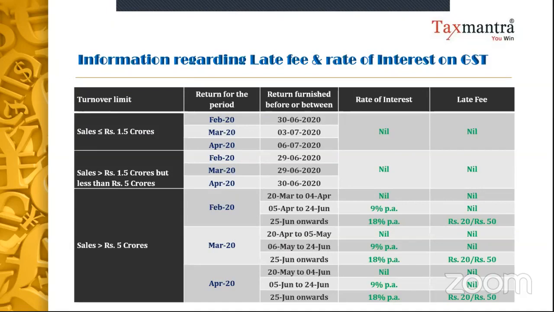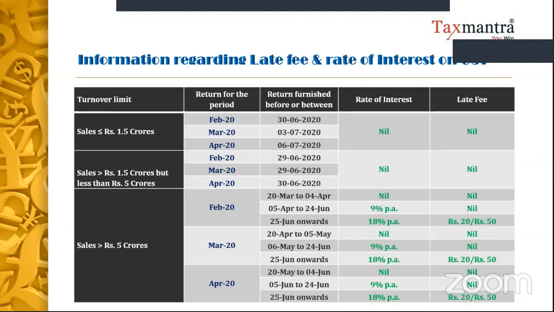For the return period March 2020, if the taxpayer made the payment between 28th April to 5th May, the rate of interest and late fees will be nil. If the taxpayer is able to make the payment between 6 May to 24 June, the interest rate will be 9%, but there will be no late fees.